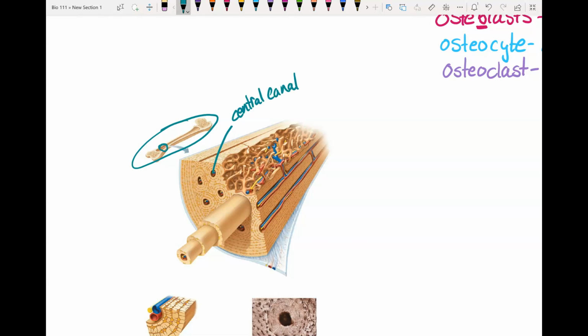A central canal is a tunnel through the bone that contains blood vessels and nerves. So in this picture, the red is an artery, the blue is a vein, the yellow is a nerve. Right? And there's several of them in your bone. So bones are full of blood vessels and nerves in these tunnels.